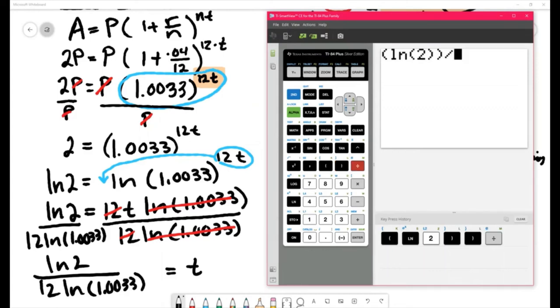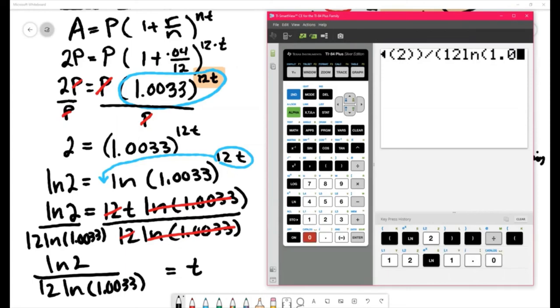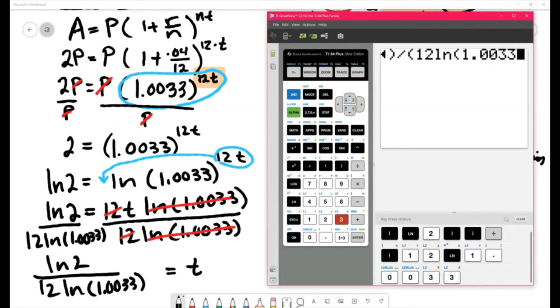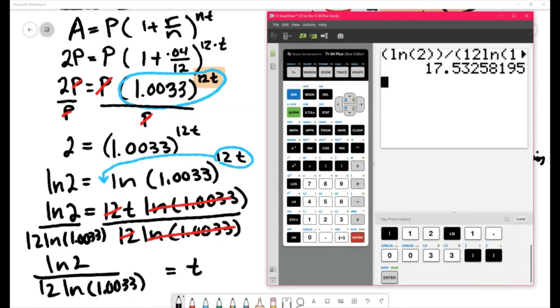But if you're not sure, it's better to put it in. In the denominator, I do need the parentheses to make sure I divide by the whole thing. That's 12 natural log of 1.0033, close parenthesis for the log, close parenthesis for the denominator. And we have 17 and a half years.